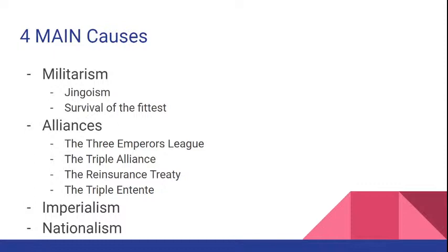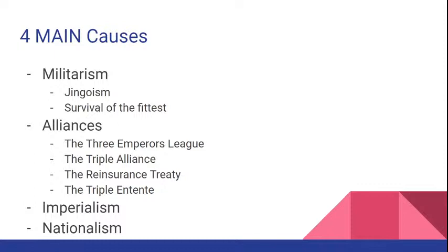So the whole point of this is that after the French lost the Franco-Prussian War, the German leaders felt that they really didn't want France getting in their way because they thought that France would take revenge on them. So what Bismarck did was pretty much completely isolate France and try to make sure that the French would be unable to create alliances with other nations that may come to bite Germany back.